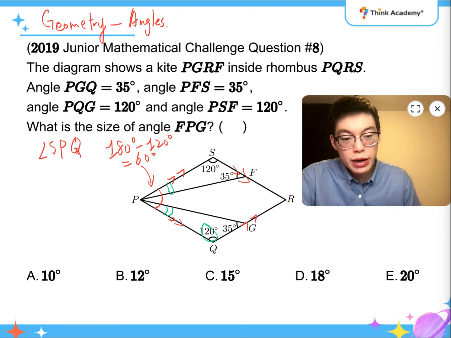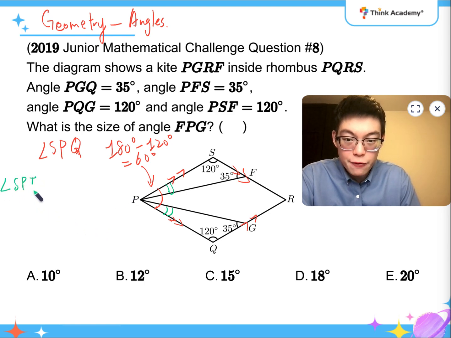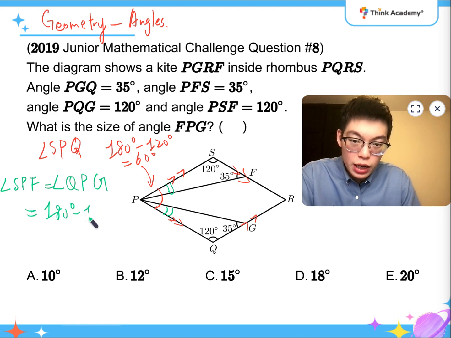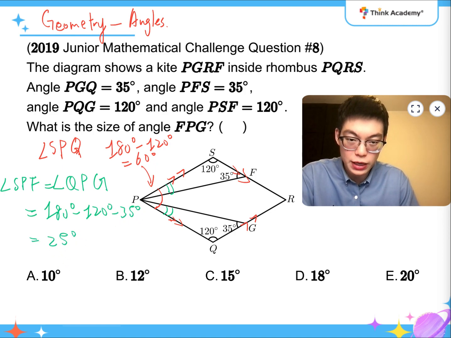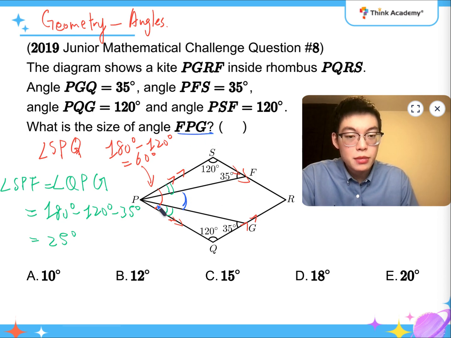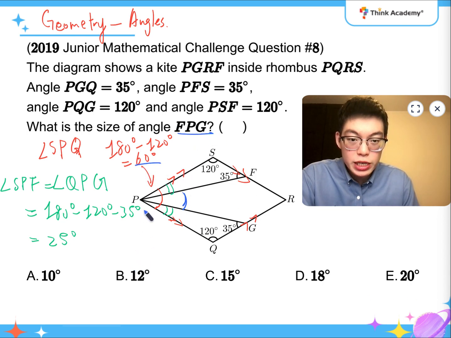So by the interior angle sum of the triangles being 180 degrees, each of them, angle SPF equals angle QPG, is going to be equal to 180, take away 120, take away 35, so that is going to be 25, which means that the remaining angle FPG is going to be equal to 60 degrees removing 2 of these 25s.